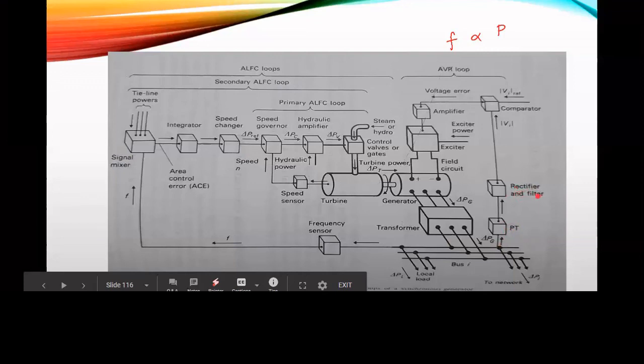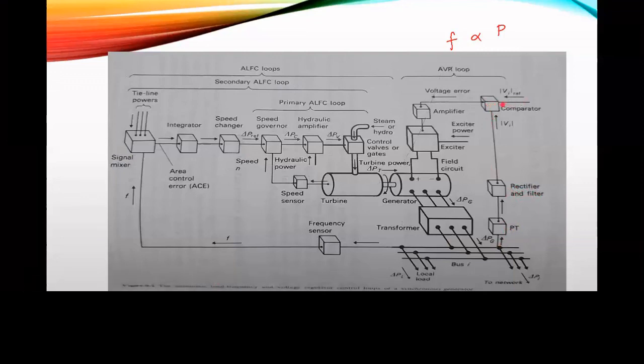It is rectified, filtered, converted to DC, and that is fed as an input to the comparator, which is compared against a standard reference, and the voltage error is amplified, and that's going to control the exciter power.